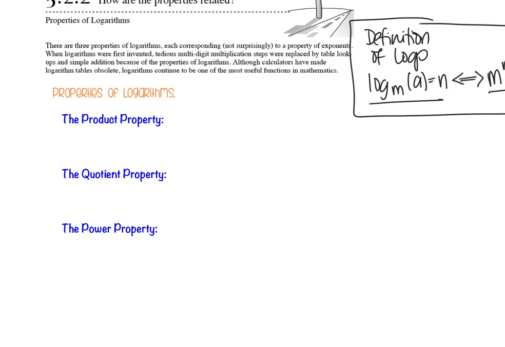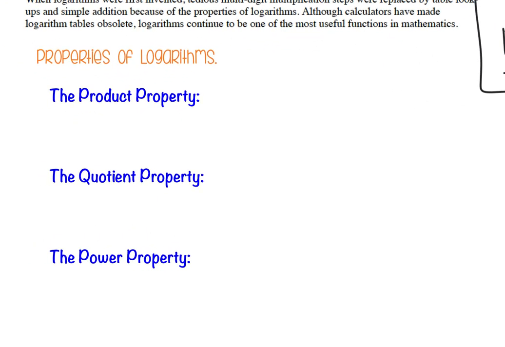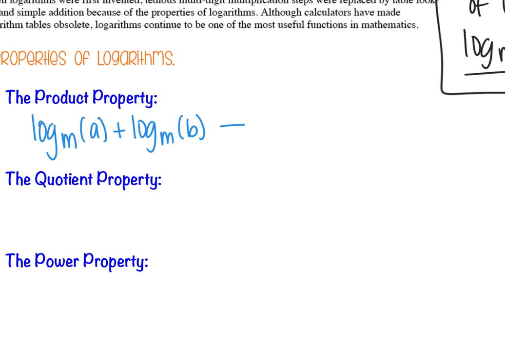The first property that we have is the product property. The product property of logarithms tells me if I have log base m of a and I add that to log base m of b, the property of logarithms tell me if I have 2 logs of the same base that are being added together, I can write them as one simplified logarithm using multiplication.